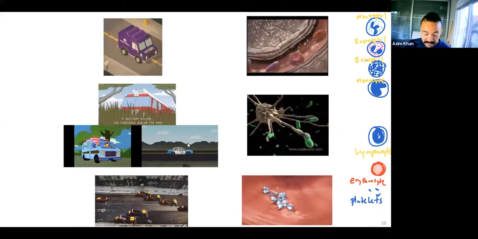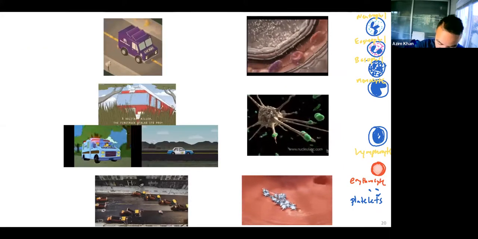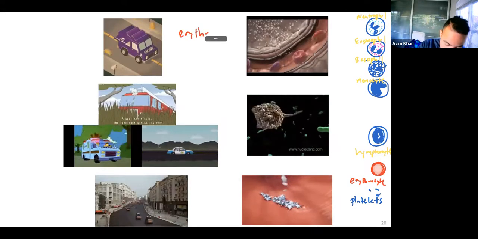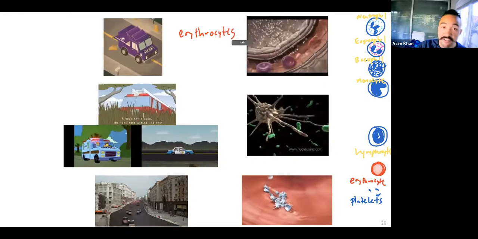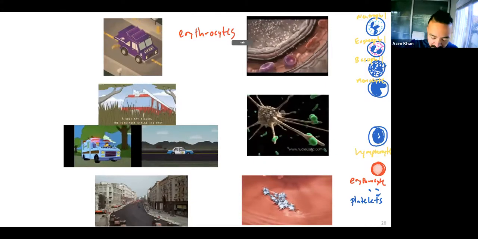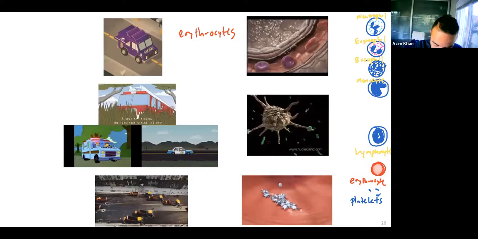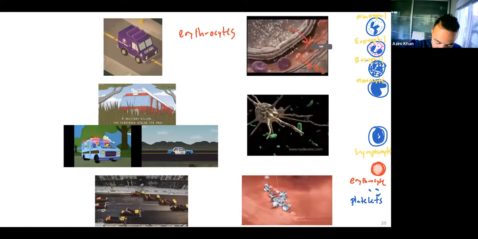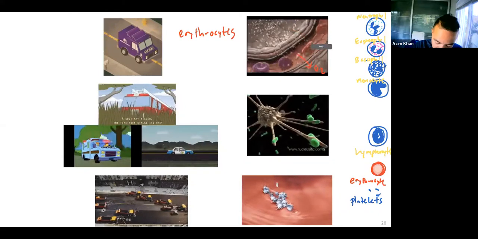So, as I've mentioned, erythrocytes are the delivery vehicles of our blood. They deliver oxygen and get rid of carbon dioxide. So you deliver oxygen and get rid of carbon dioxide as well and wastes.